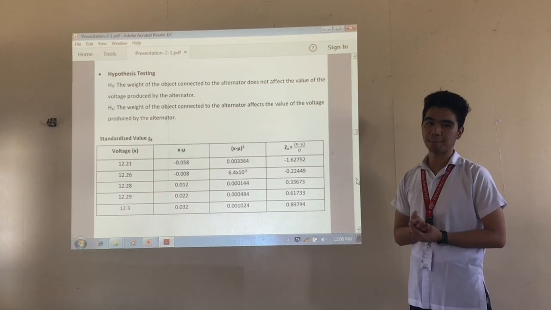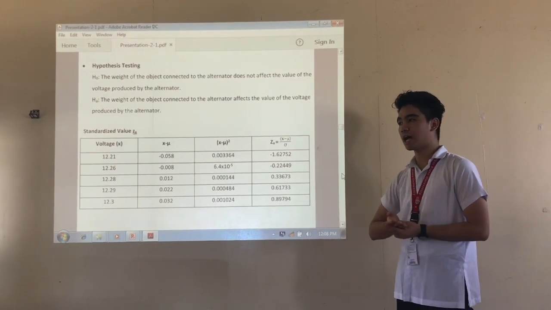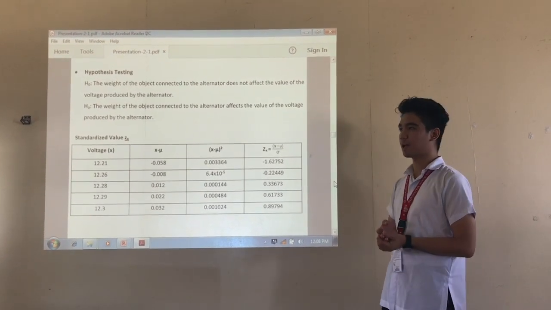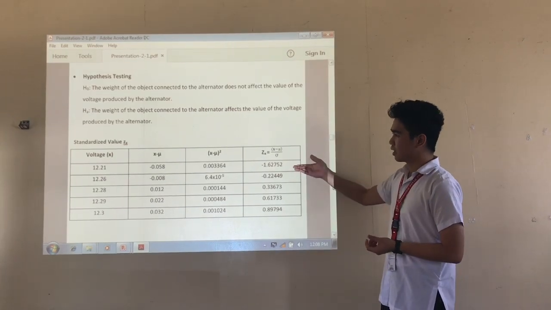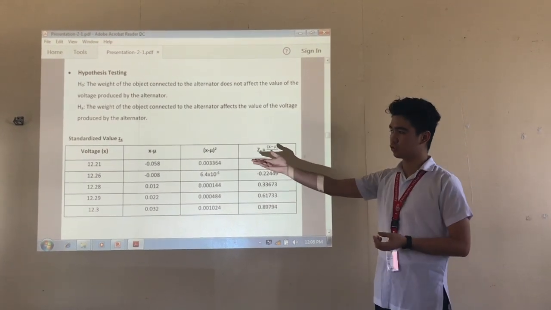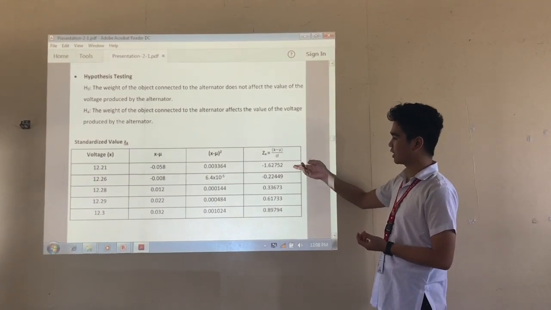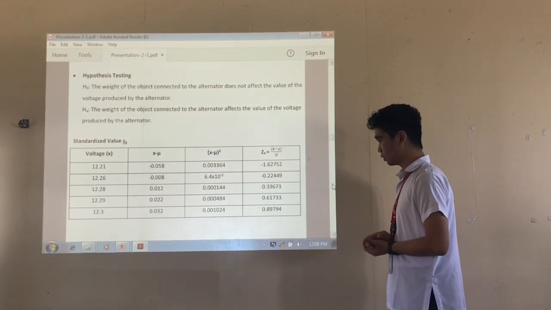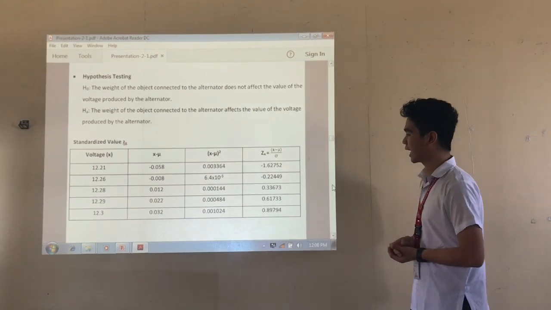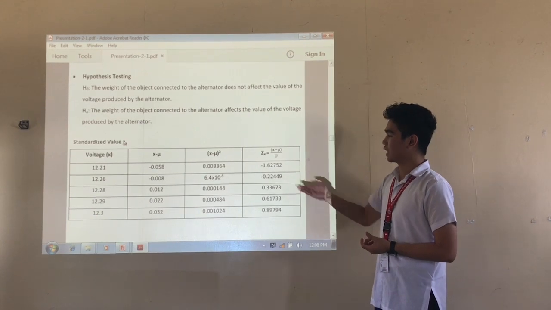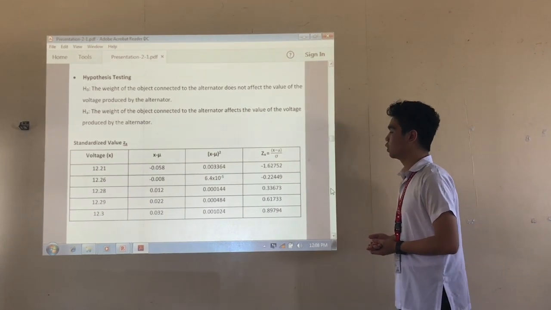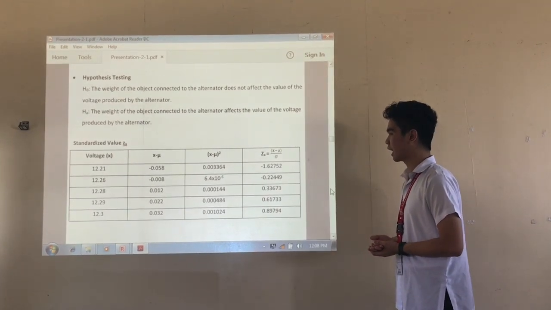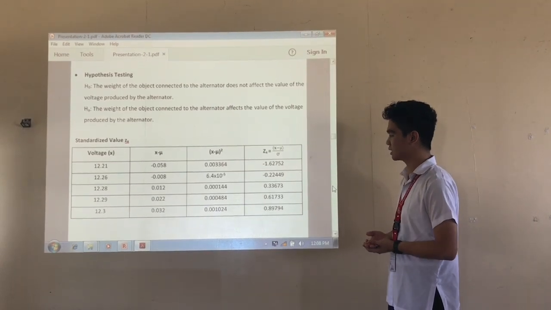Substitute lang po ulit all the values, and ang voltage po ng ating unang x ay negative 1.62752 and x sub 2 is equal to negative 0.22449. Ang x sub 3 ay 0.336 and so on.